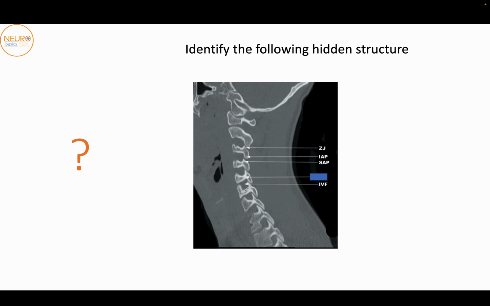Okay, so can we identify this structure? Okay, so this is the intervertebral foramen, and what we're asking is what is the superior boundary of the intervertebral foramen or the neural foramen.